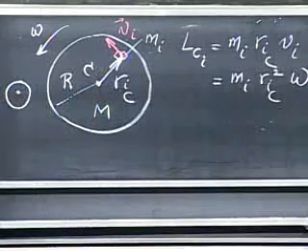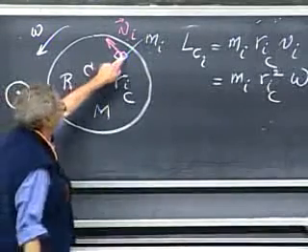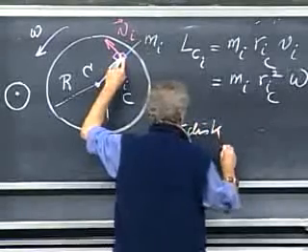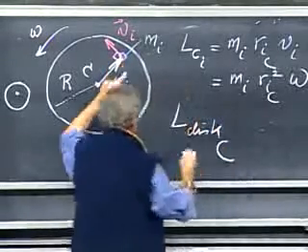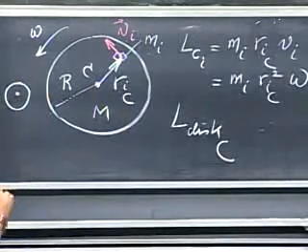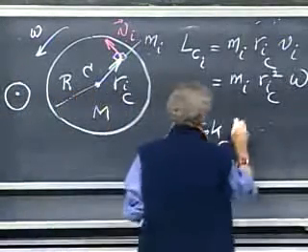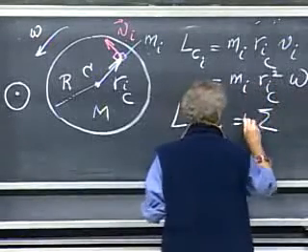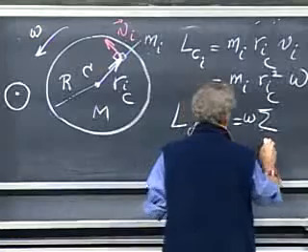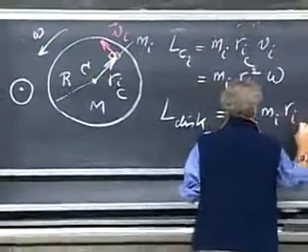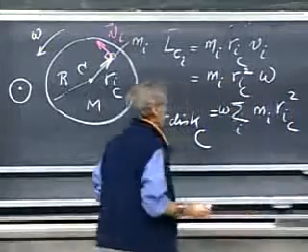So that is the angular momentum for this little mass element. But now I want to know what the entire angular momentum is about that point C. There's an axis going through the center of mass, through the center of the disk, perpendicular to the blackboard. And now, of course, I have to do the summation of all these elements I. I can bring the omega outside, and I would have then the summation of m of I, r of I, relative to that point C squared.